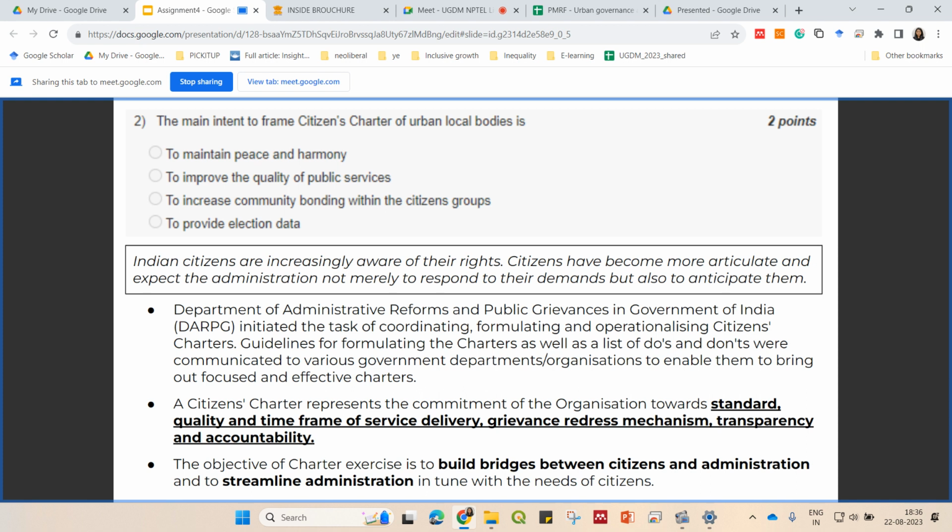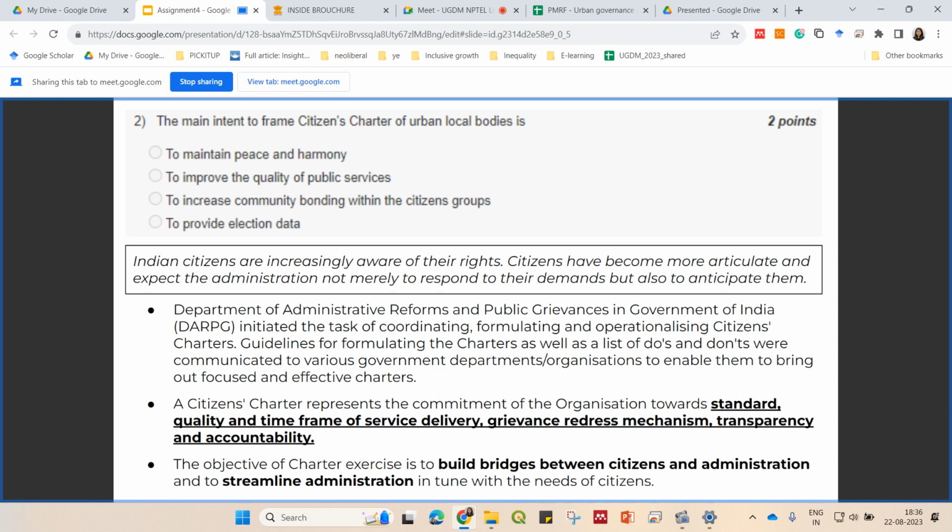So for this purpose, the Department of Administrative Reforms and Public Grievances in Government of India initiated the task of coordinating, formulating and operationalizing Citizens Charter. What a Citizens Charter is, is that it represents the commitment of the organization.